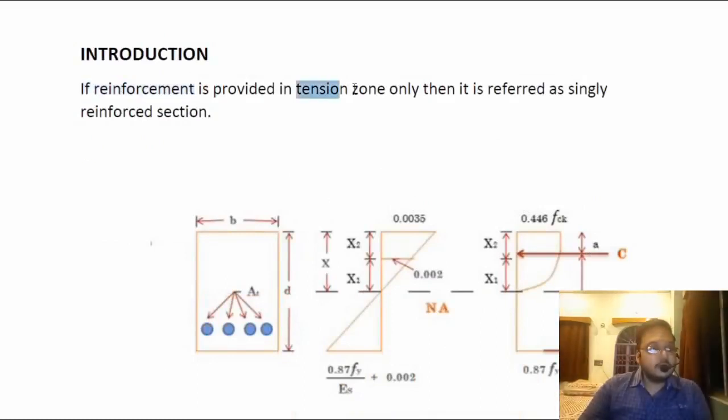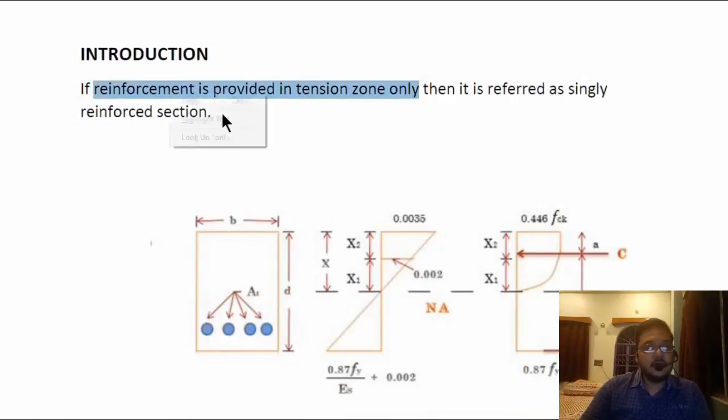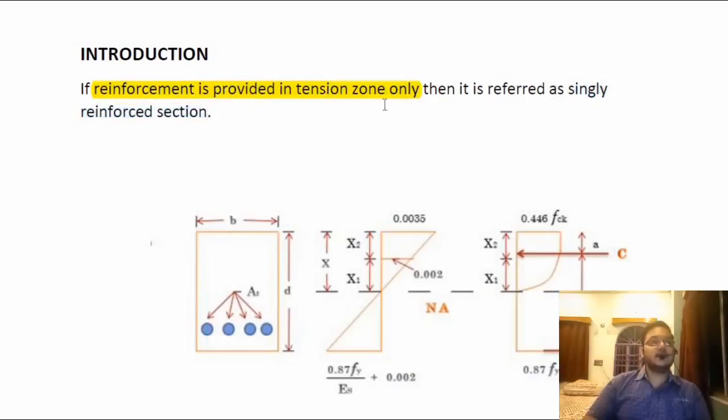If reinforcement is provided in the tension zone only, then it is referred to as the singly reinforced section. So a singly reinforced section is that section where the reinforcement is provided in the tension zone only.